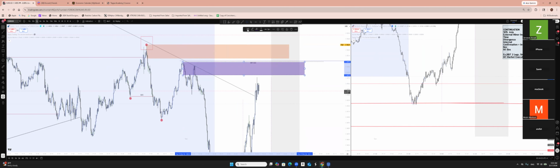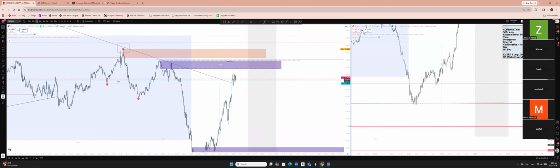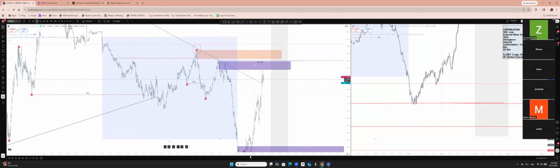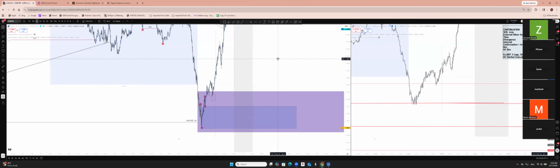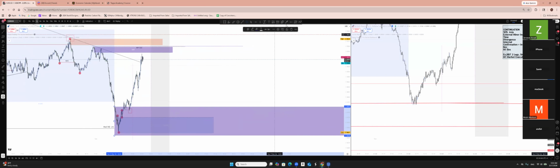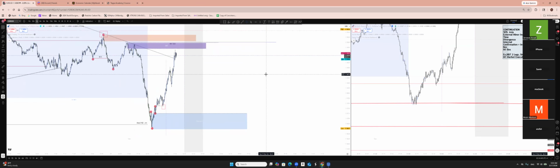Might not be for you, which is fine. But based on everything I'm seeing right now, that is a potential trap. So all I'm waiting for is the time window, to see what is going on. I need price to develop, and from there I'll make a decision if I want to buy or not.